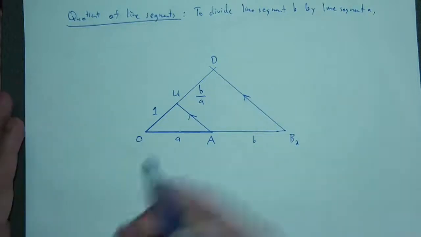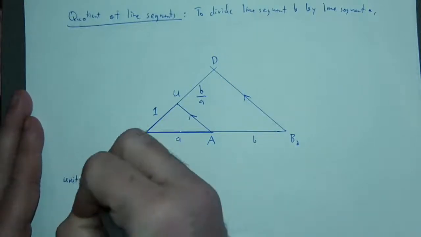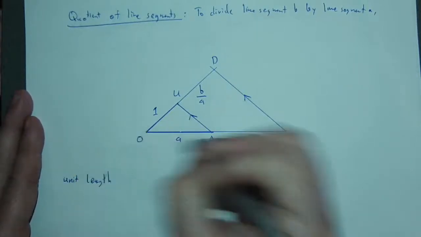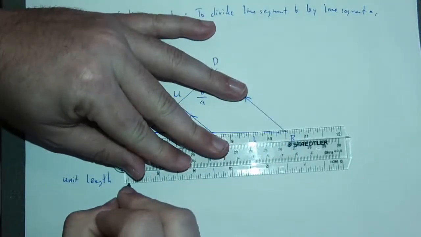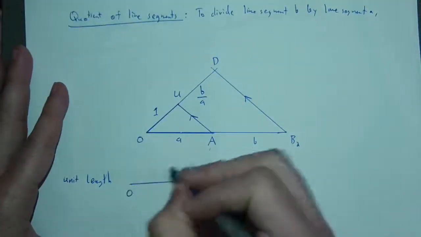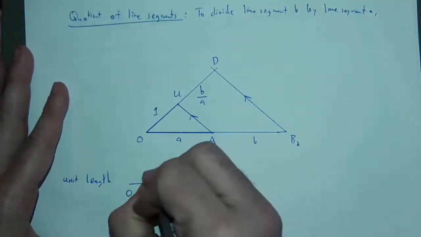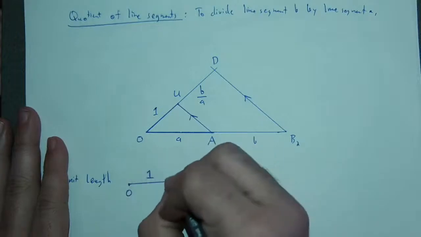What I mean by that is if we start with unit length, so if I just draw a segment here, some length, I'm going to say that that's unit length. So if this is O and this is U, and we call this unit length, okay, what does this mean?